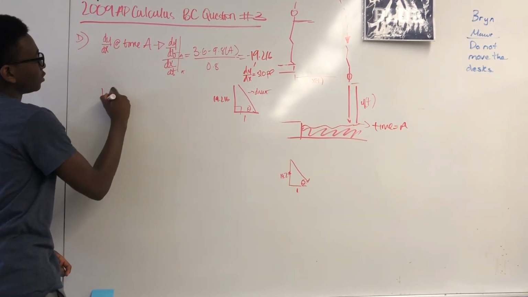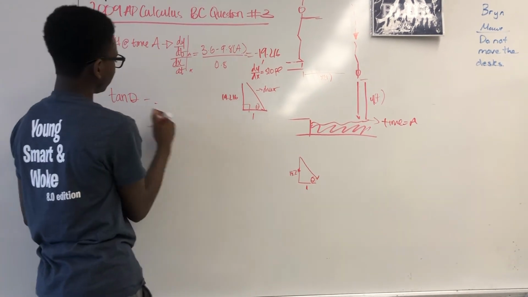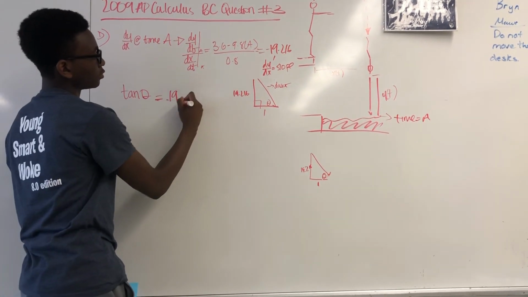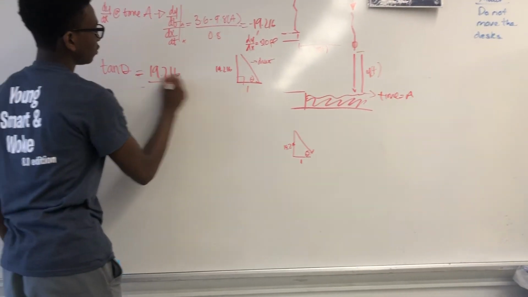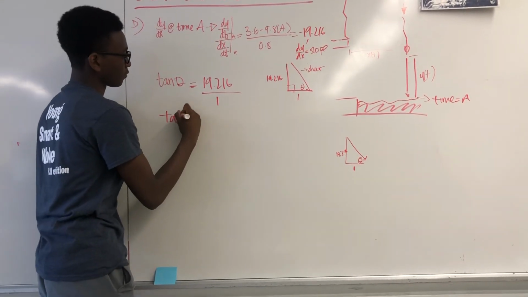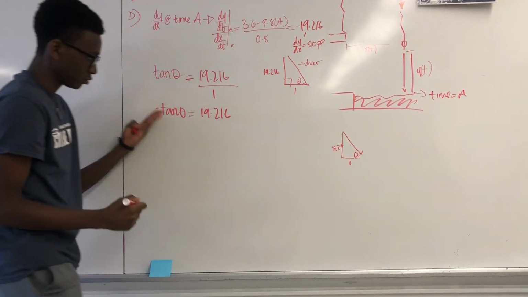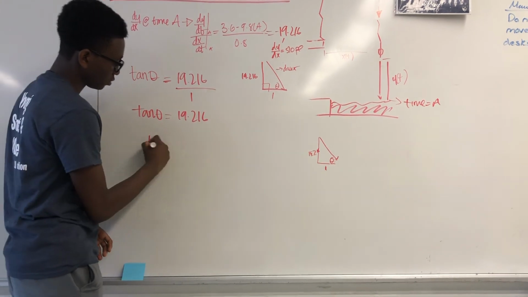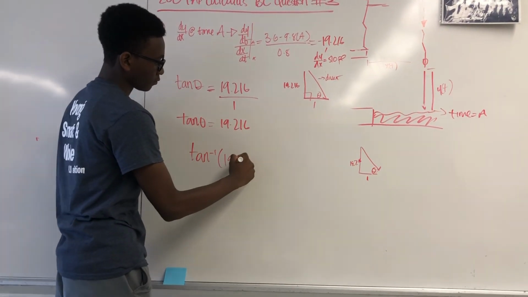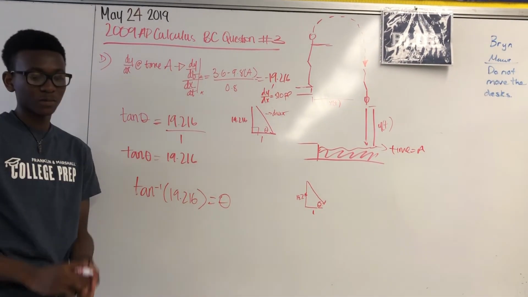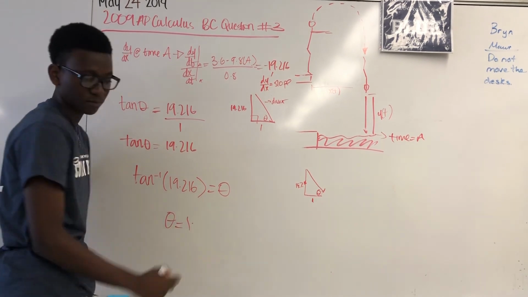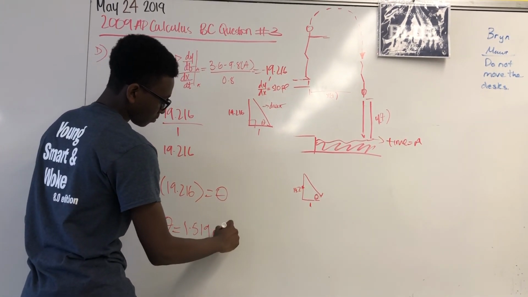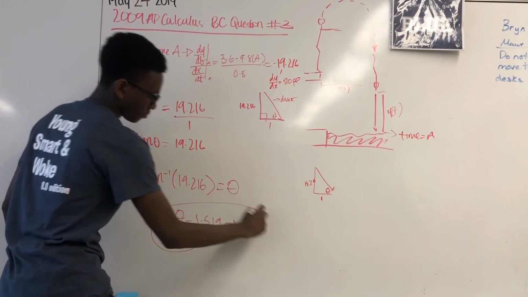Then you can write tan of theta equals 19.219 over 1. To solve for theta, we take the inverse tan of 19.219, and when you put that in your calculator, you get theta to be 1.519 radians.